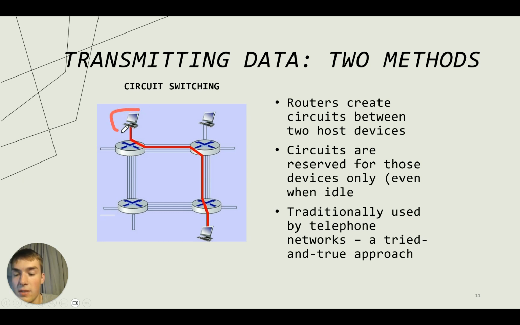So for this case, this computer up here is connected to this computer up here. And these routers have reserved this channel and this channel for use by those computers. And these channels are reserved even when the computers aren't doing anything. So until they manually disconnect, the router is going to maintain that channel as a connection between these two computers.